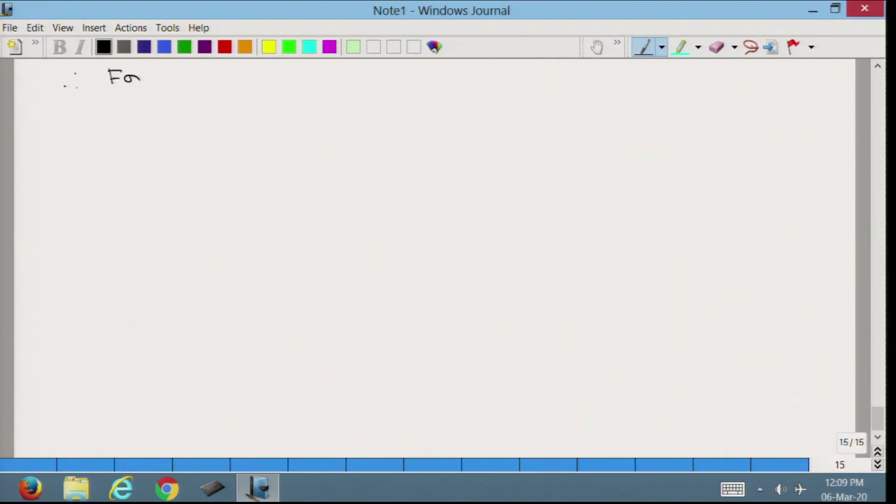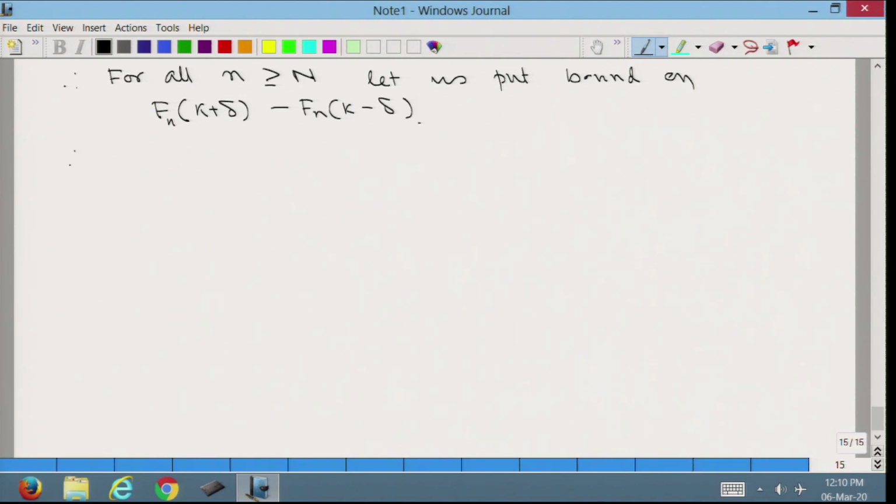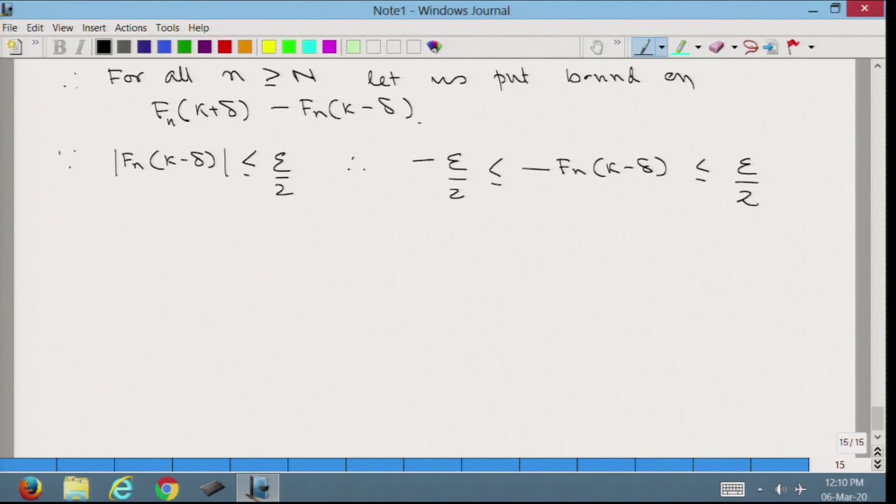Therefore, for all n ≥ n, let us put a bound on f_n(k + δ) − f_n(k − δ). Since |f_n(k − δ)| ≤ ε/2, therefore −ε/2 ≤ −f_n(k − δ) ≤ ε/2.